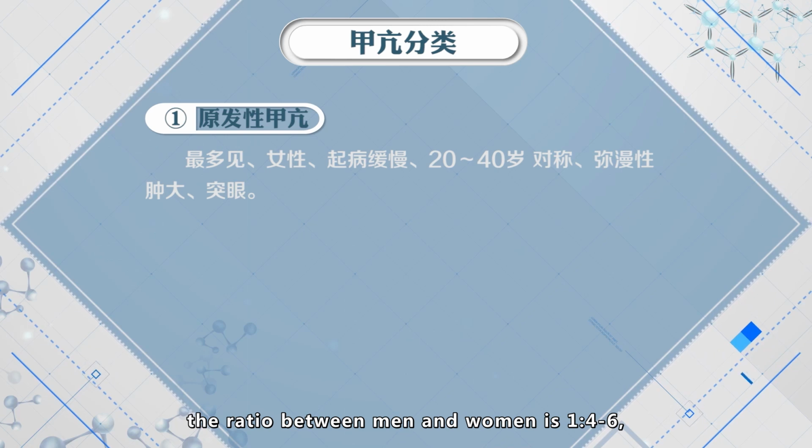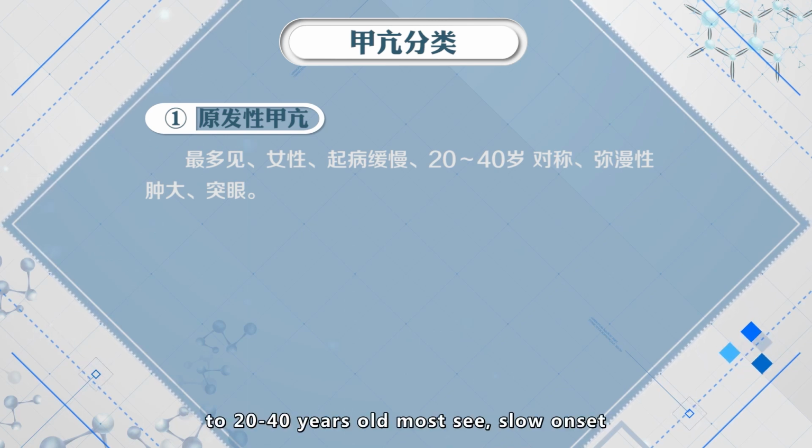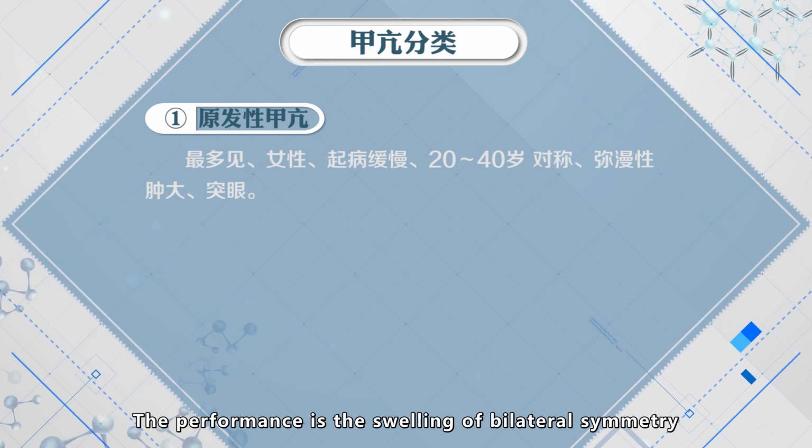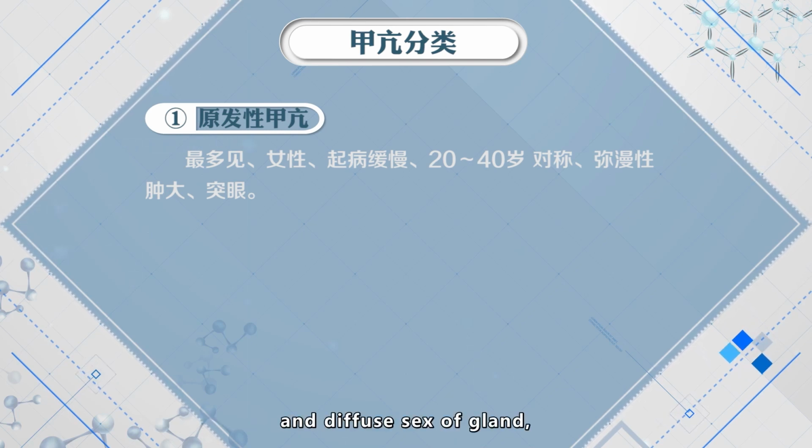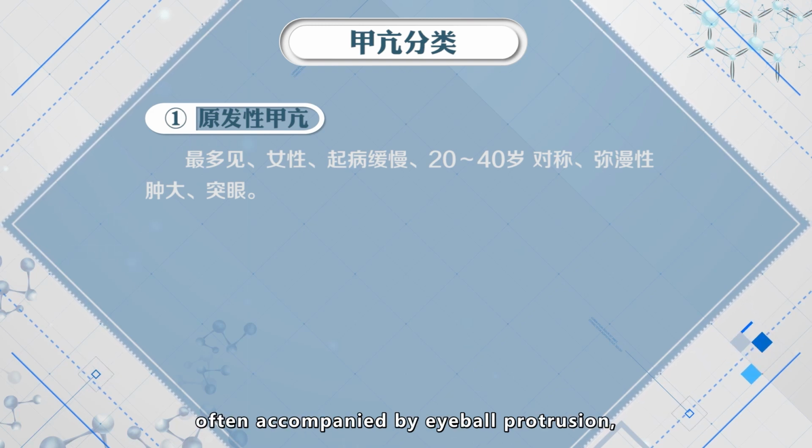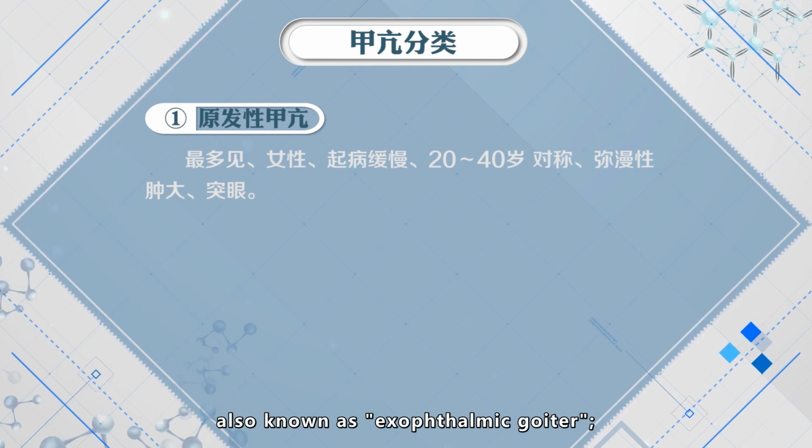The ratio between men and women is 1 to 4, and it is most often seen at 20 to 40 years old, with slow onset. The manifestation is diffuse enlargement of the gland, often accompanied by eyeball protrusion, also known as exophthalmic goiter.